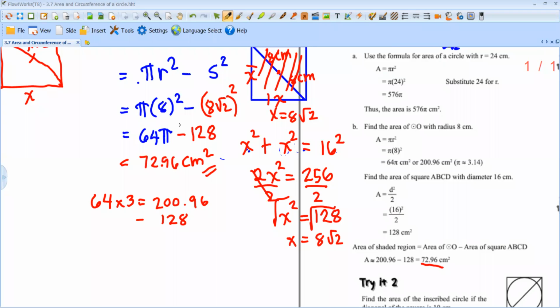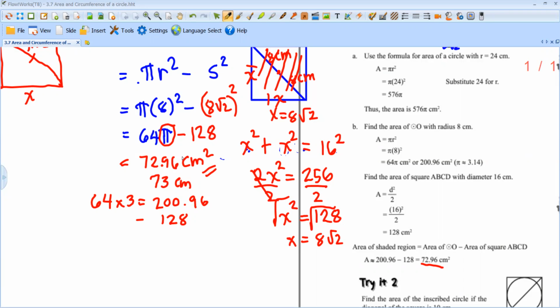Because I use here 64 shift pi minus 128, it's 73.1. Because if you are going to use the calculator, the pi key, you will get 73.1. But anyway, 72.96 is around 73 already. So no difference. Okay?